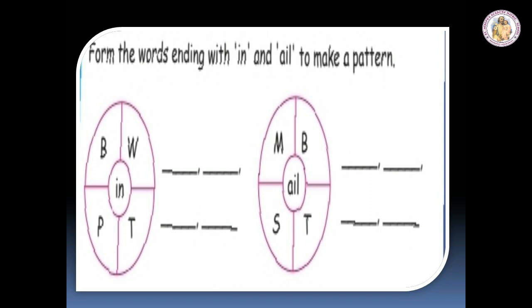That is your activity to make a word pattern. For example, the first one I'll tell you: the capital letter is B. In the center I have given IN, so that is BIN. It is called a word pattern. Like this you have to make the whole thing.